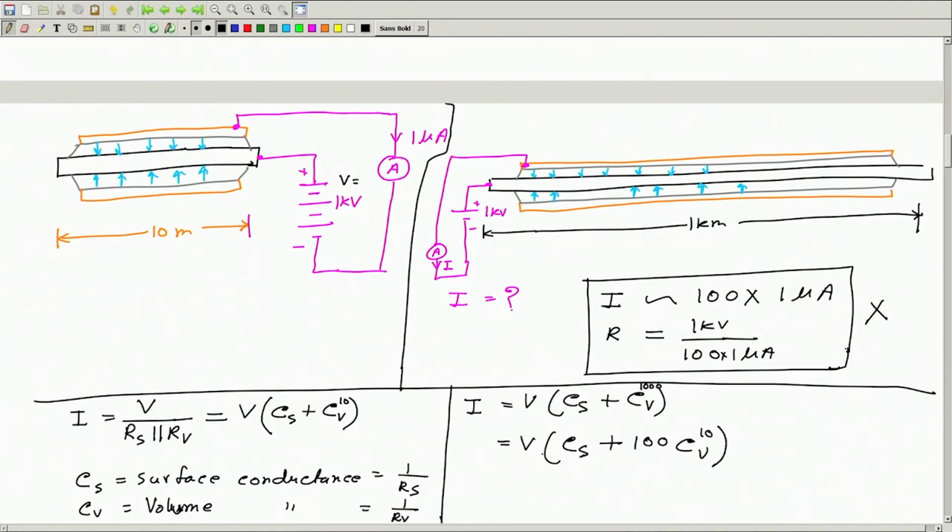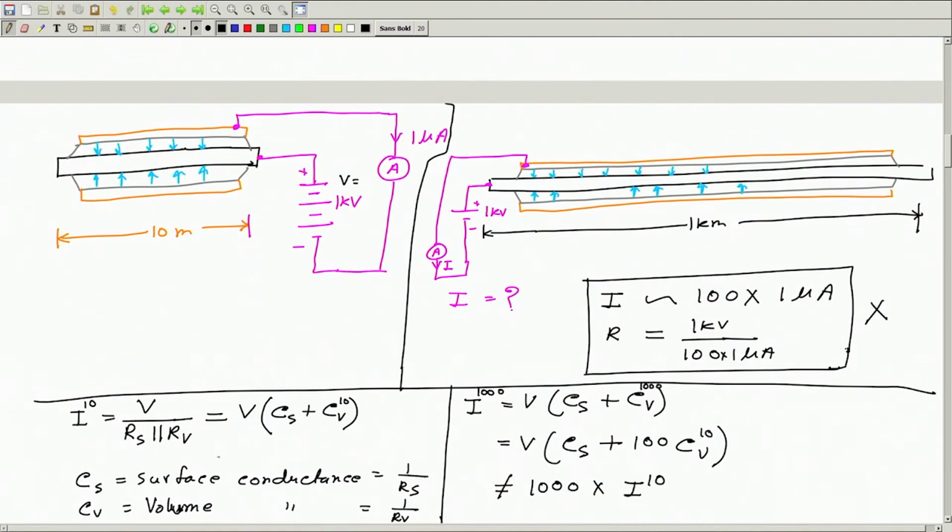Okay. So I will be this, and you see this is not equal to, so they call this I 10 and this I 1000. Okay. So I 10 is 1 microampere and I 1000 is this. These quantities, you see, are not equal to 100 times I 10.